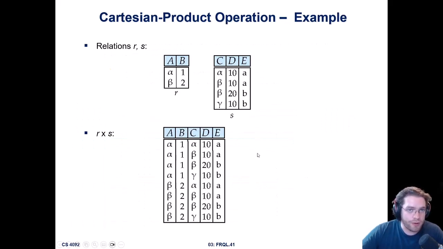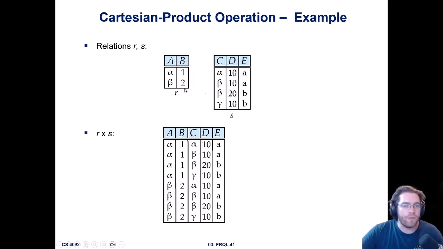Our next one is the Cartesian product. It looks like a multiplication between them, but essentially it outputs all possible products that we can get by the combination of the two relations here. Again, I have my relation R with A and B, and I have my relation S with C, D, E. I get a new relation where I get all the attributes together, and I get A1 with A10A, A1 with B10A, A1 with B20B, A1 with Y10B.